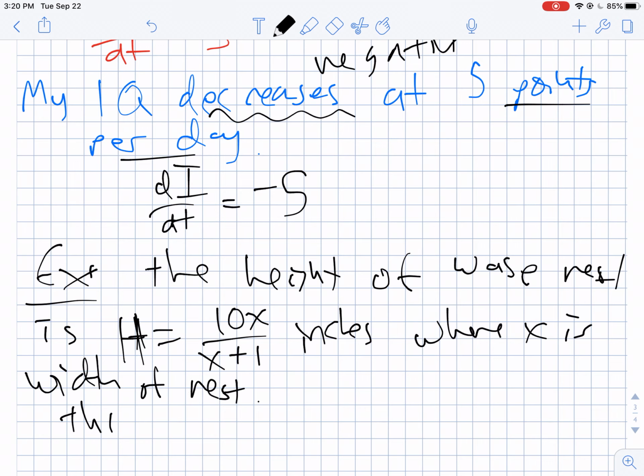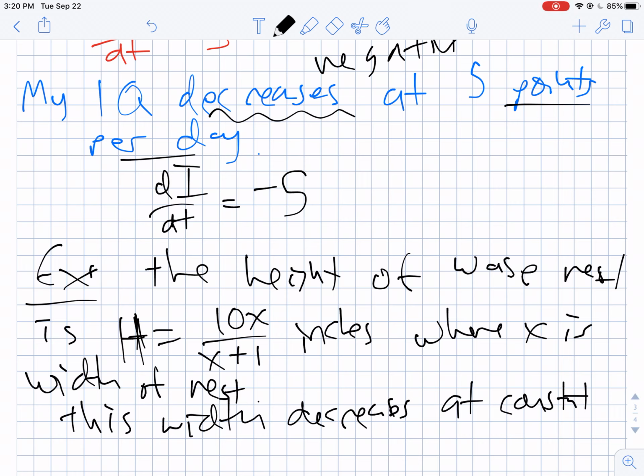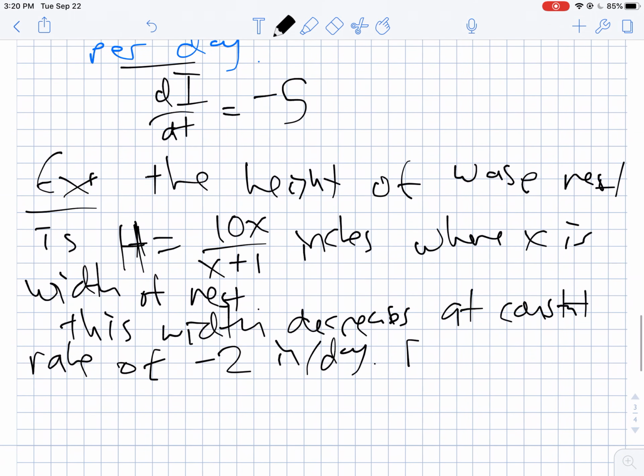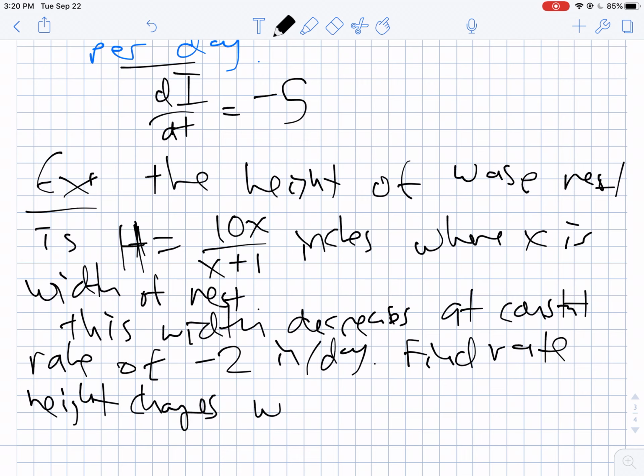This width decreases at a constant rate of -2 inches per day. And our goal is to find the rate at which the height changes when that x, that width, is equal to 4.